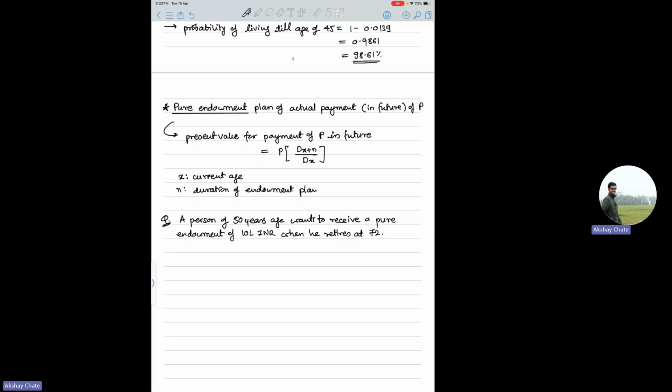Okay, so he retires by 72 of age. How much would he pay now for the plan if the interest rate is 5%? See, we'll take all the problems with 5% interest rate only, but sometimes they ask this kind of things.